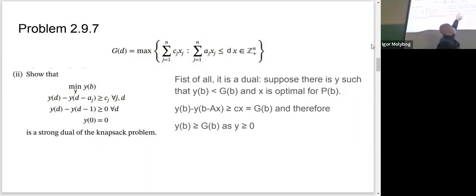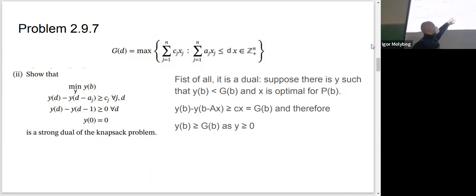So this term is non-negative, and we can drop it and our inequality will still hold. Therefore, y of b is greater than or equal to g of b for any y that is feasible for this problem.